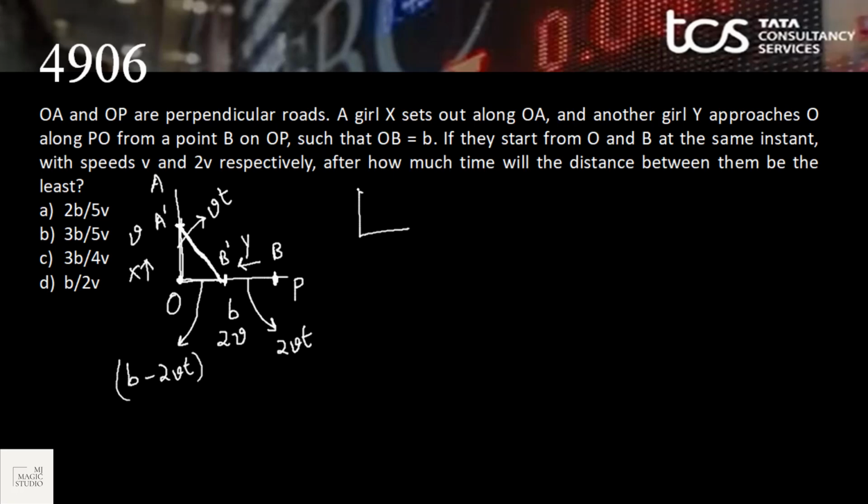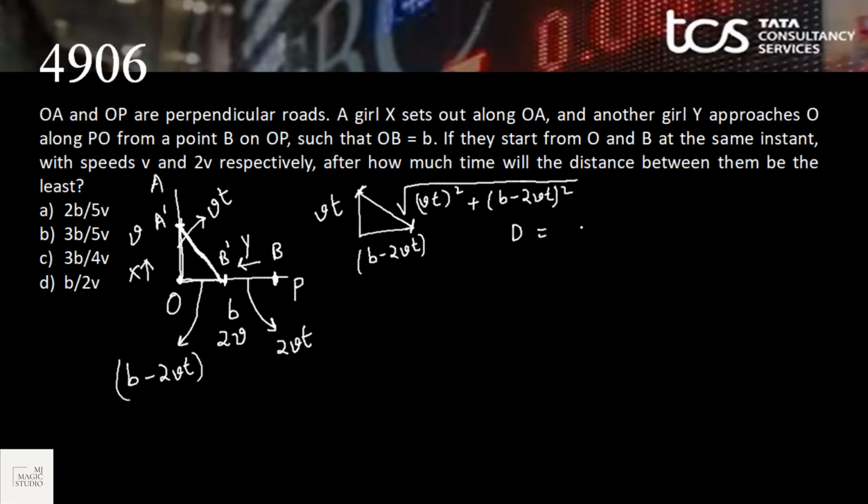So we have a right angle triangle where perpendicular is equal to vt and base is B minus 2vt. Hypotenuse is root over vt square plus B minus 2vt square. Now this is the distance between X and Y after time t. Let it be d. We need to minimize this.